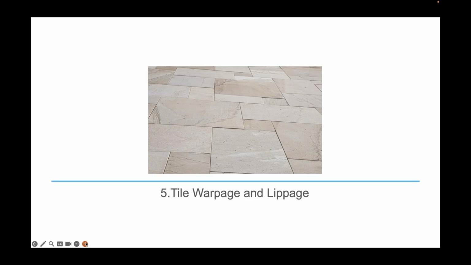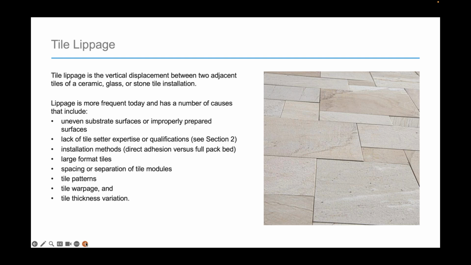We'll get into tile warpage and lippage. Tile lippage is the vertical displacement between two adjacent tiles of ceramic, glass, or stone tile installation. One tile is going to be higher than the other.